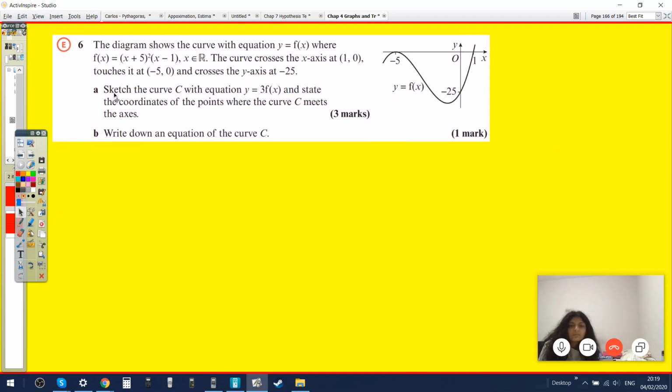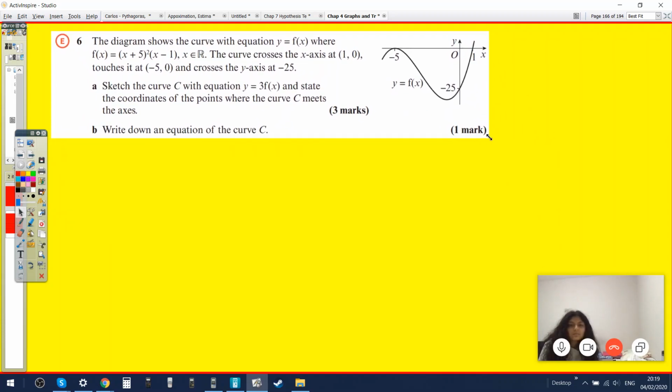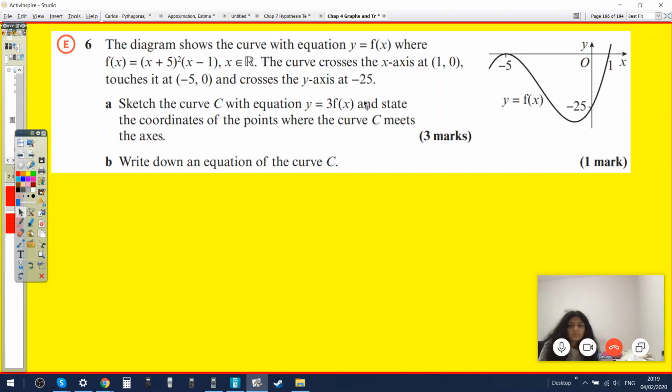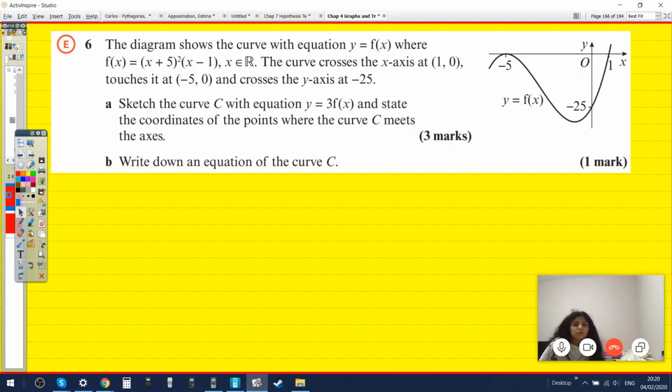Let's see this one. Okay, what's going to happen here? Part A, or let's say part B. What is the equation of the new curve? Plus 5 squared, x minus 1.